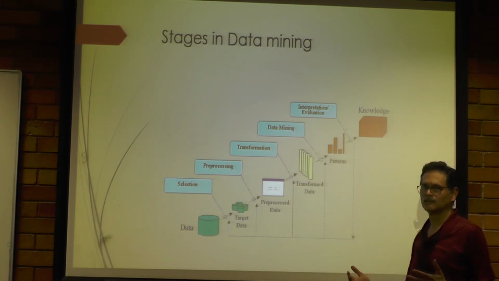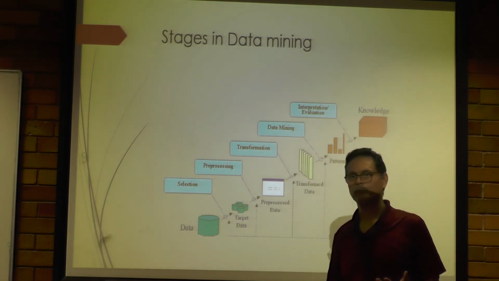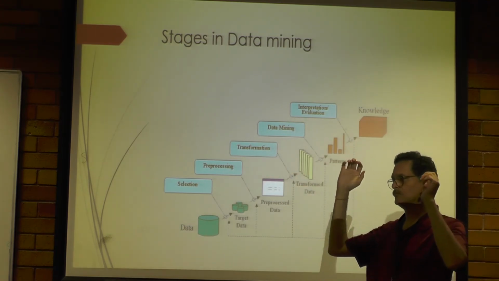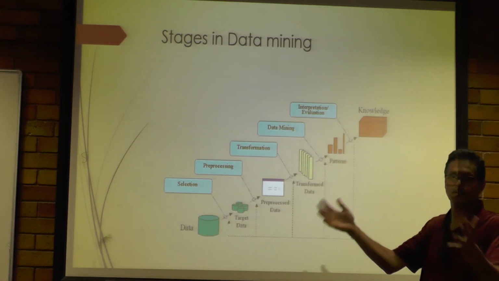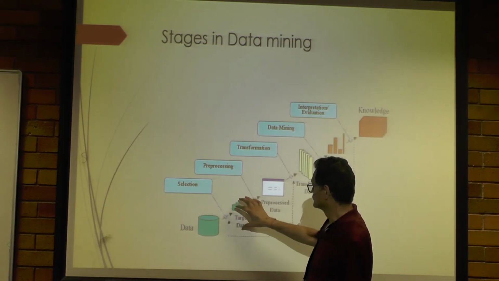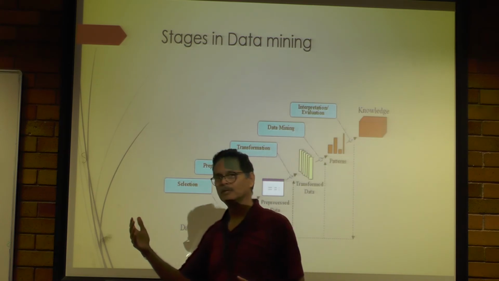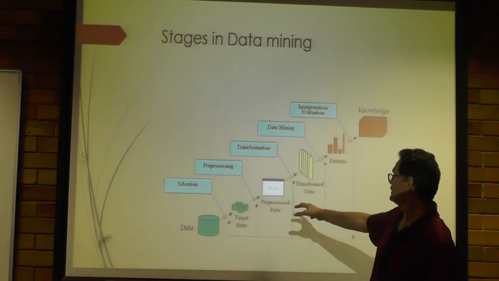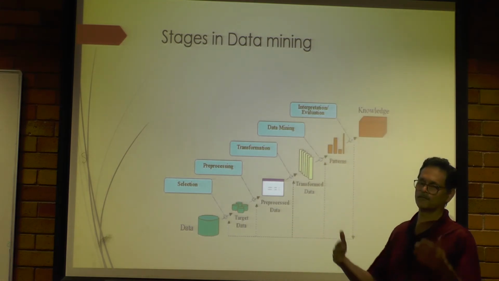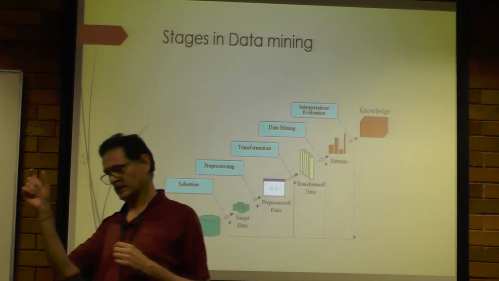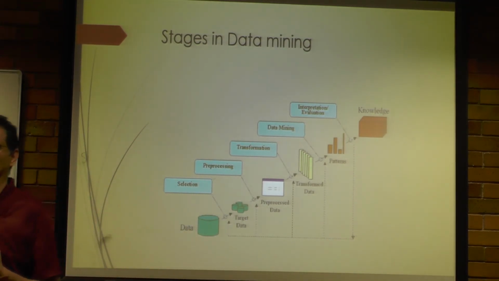So the data that you get will be normally quite messed up. It can be in different tables, different formats. Maybe you have to combine them into one table. And then obviously you also have to select for a particular problem. You have to select the features, as I was telling you. You have to do a lot of pre-processing of the data. For example, you might find that there are many fields that are missing.